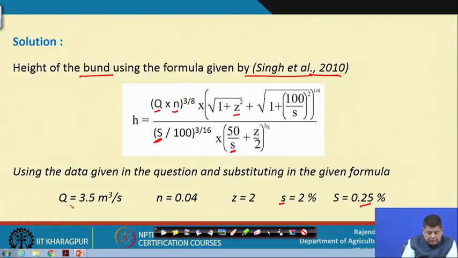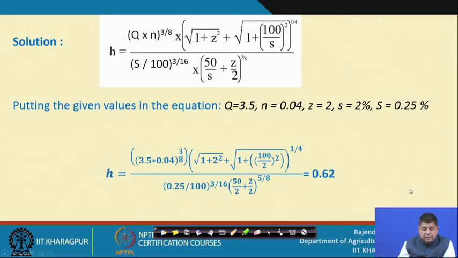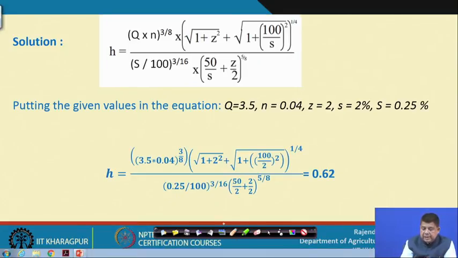So, all the values are given. Q is 3.5 cubic meter per second, N is 0.04, Z is 2, s is 2%, capital S is 0.25%. So, putting these in the equation and solving for H, the value comes out to be 0.62 meters.